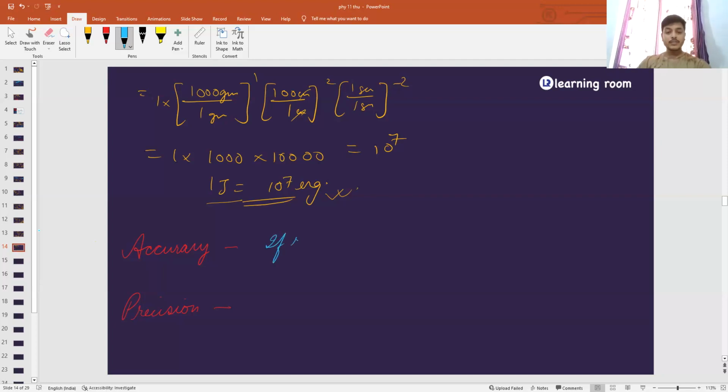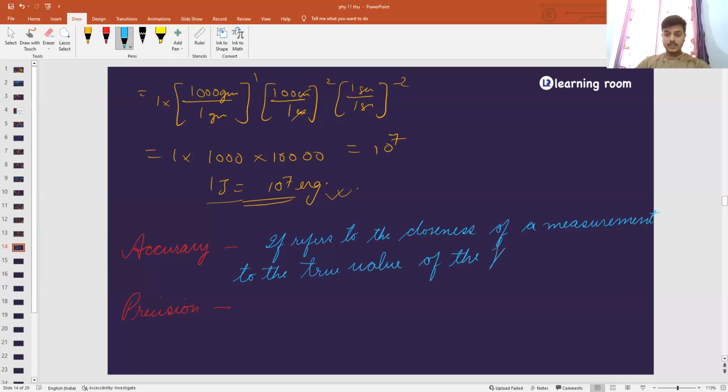Accuracy refers to the closeness of a measurement to the true value of the physical quantity.